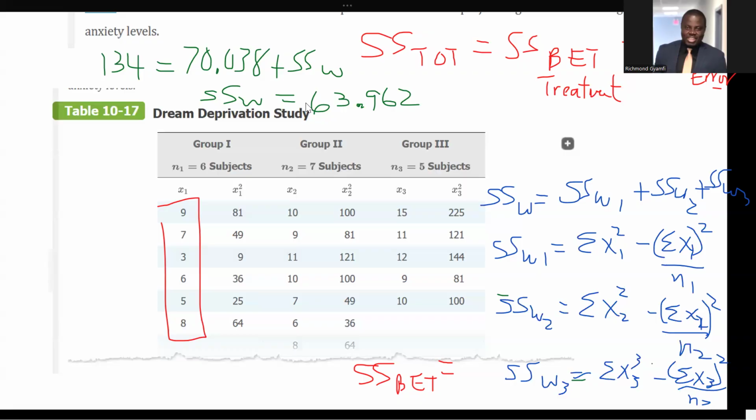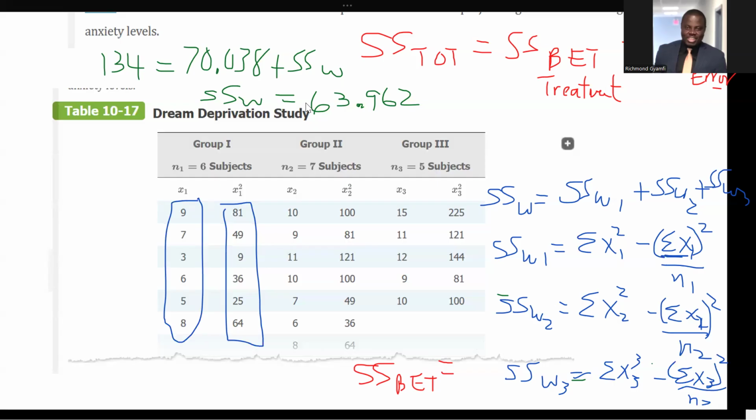So if I'm dealing with SSW1, I go to the x squared values, which are these. I already have the squared here. If you don't have them, you find them. Add all of them together, and that's the summation of x squared for group 1, which we did when finding SS total. And then minus summation of x1. So add all the x1 together, square the total, and divide by n1, which is 6.